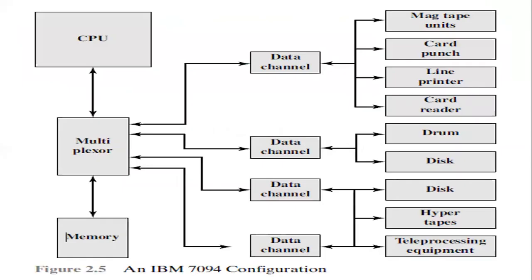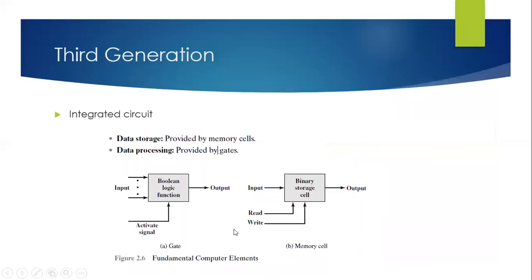Here you can see this is an IBM 7094 configuration. It has a CPU, a multiplexer, memory, and data channels. Here you can see other components: magnetic tape units, card punch, line printer, card reader, drum, disk, hyper tapes, and teleprocessing equipment.